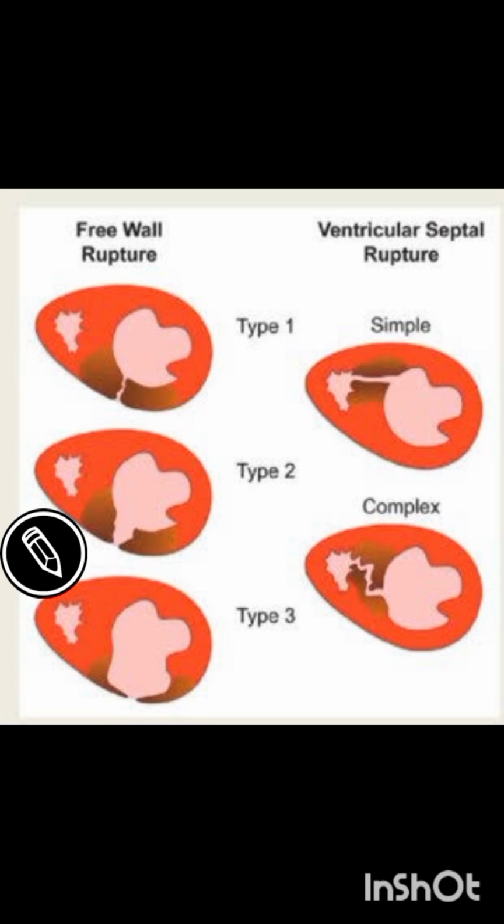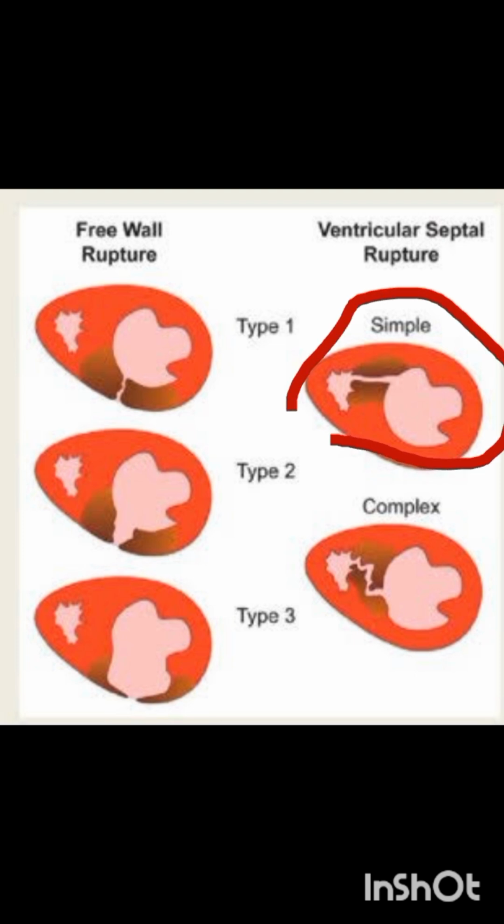And look also at these diagrams. The first one is a simple, straight track of the ventricular septal rupture. It is a simple ventricular septal rupture, and the second one is a complex or serpiginous VSR.